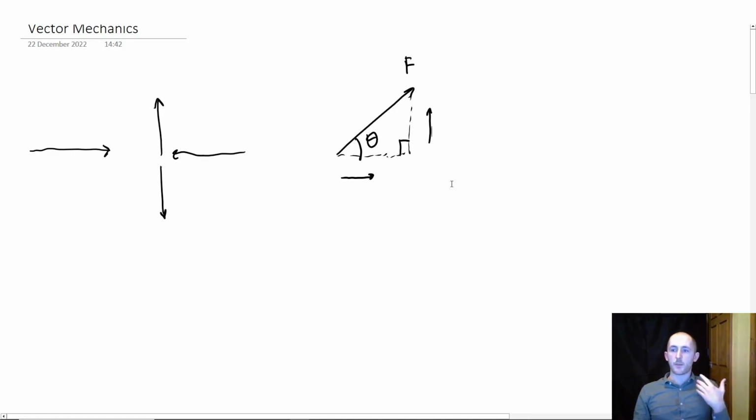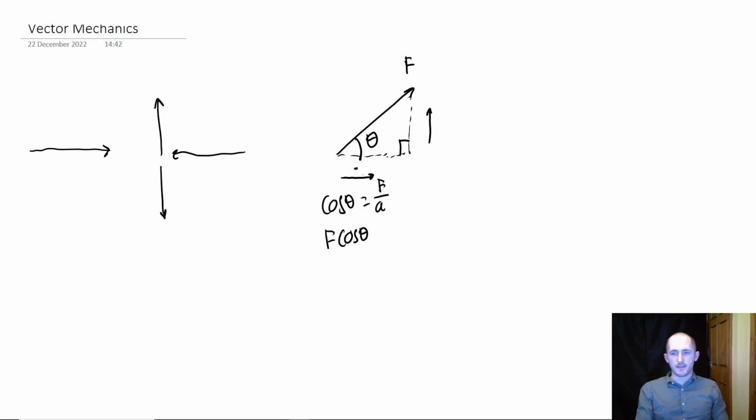Okay? Now the way we work this out is just using simple trigonometry. This is a right angle triangle. So if we have the hypotenuse and we want the adjacent side, we'll be using cos. So we know that cos theta equals the adjacent side over F, which means this side here is equal to F cos theta.